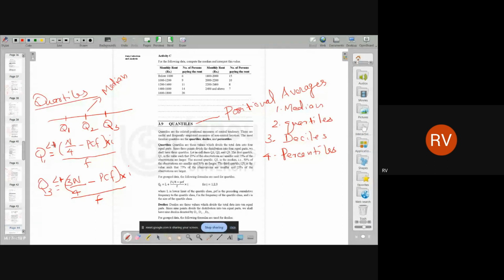Q1 is equal to L plus (n by 4 minus PCF) into I divided by F. Q3 is equal to L plus (3n by 4 minus PCF) into I divided by F.